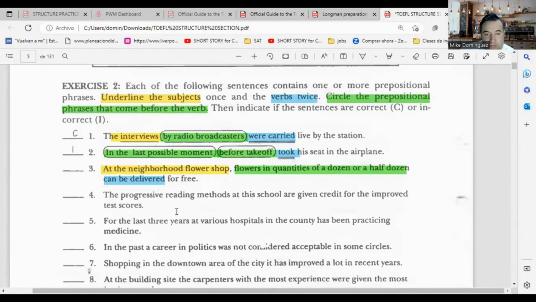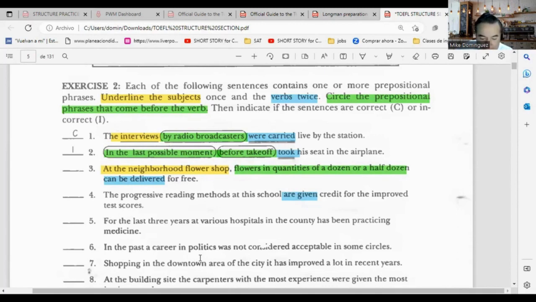"Improved" sounds like the verb, but I need to read the complete sentence before just skimming for verbs.